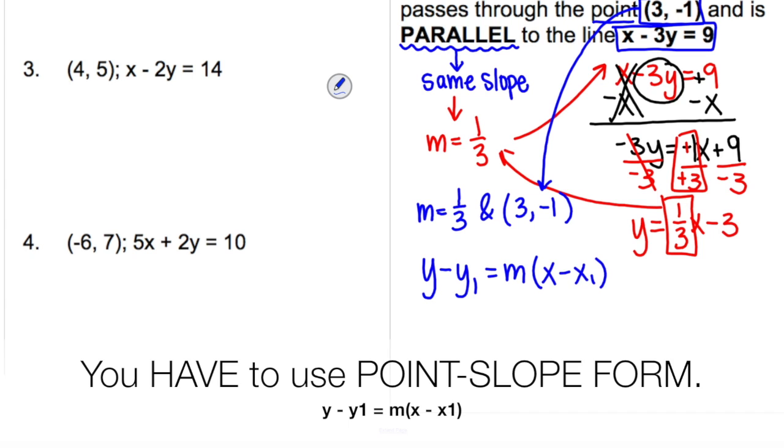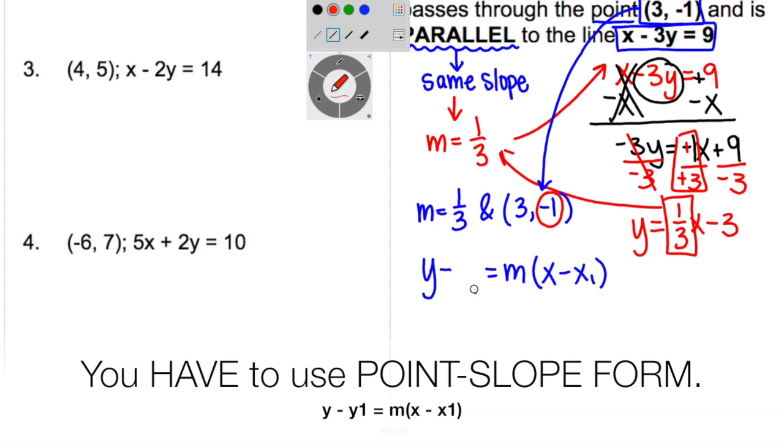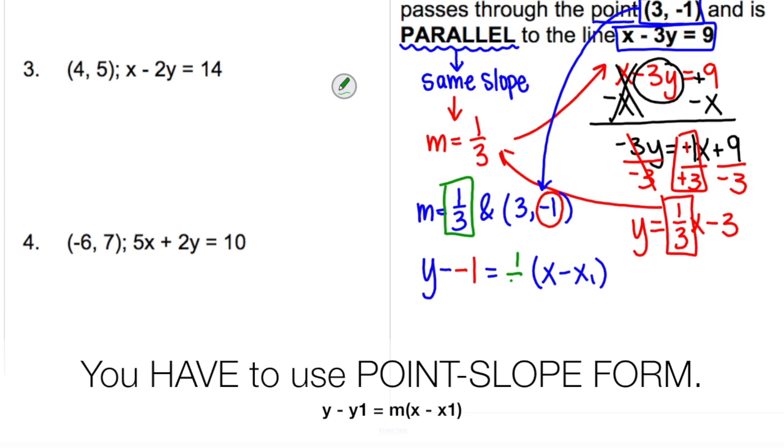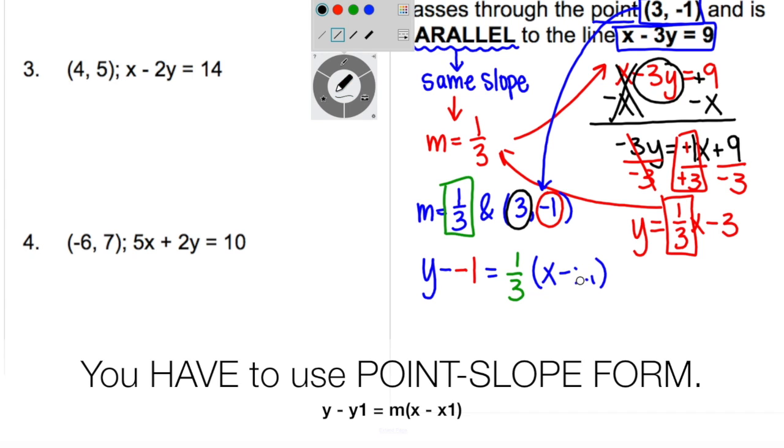So we're using the x and y coordinates from our point and the slope. First plugging in the y coordinate of -1, then plugging in the slope that we found, +1/3, and then plugging in the x coordinate of our point, +3, in place of x1 in that equation.